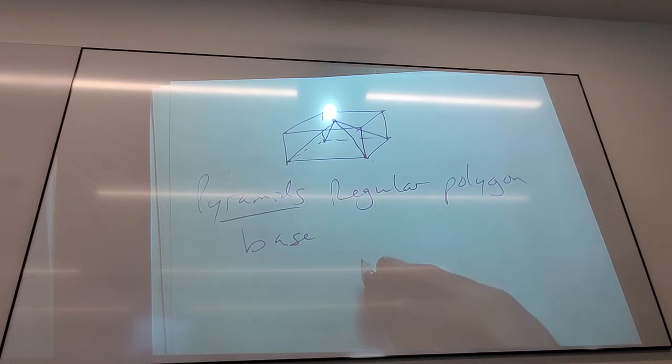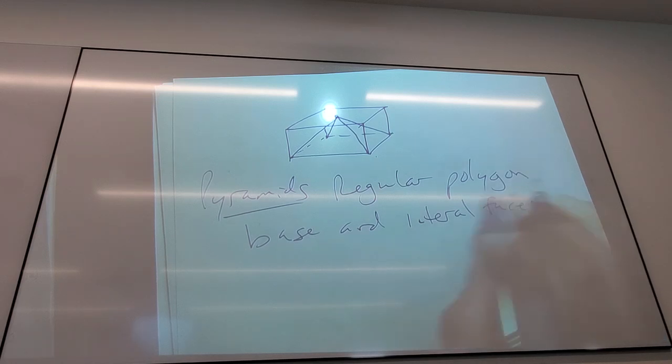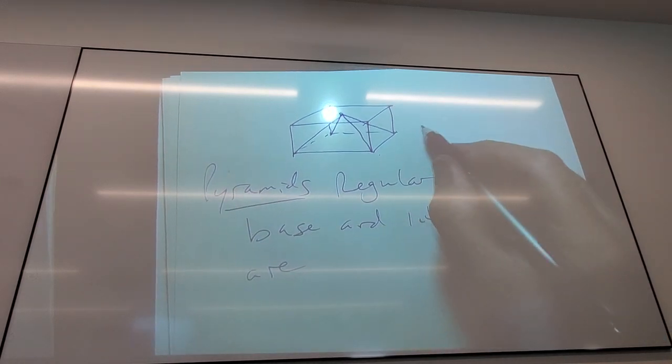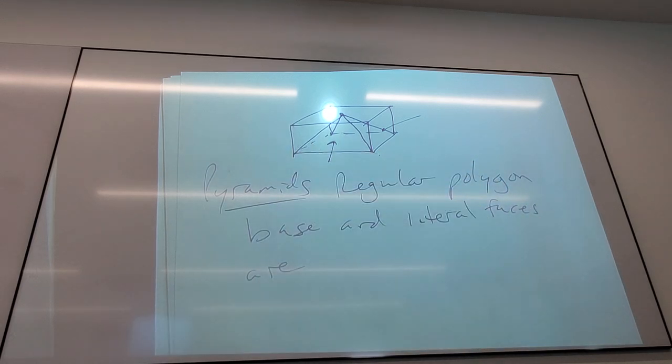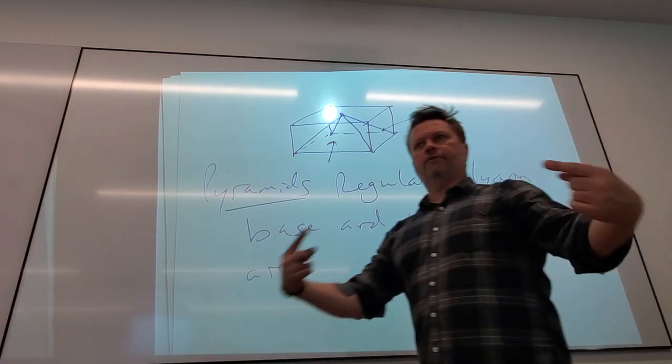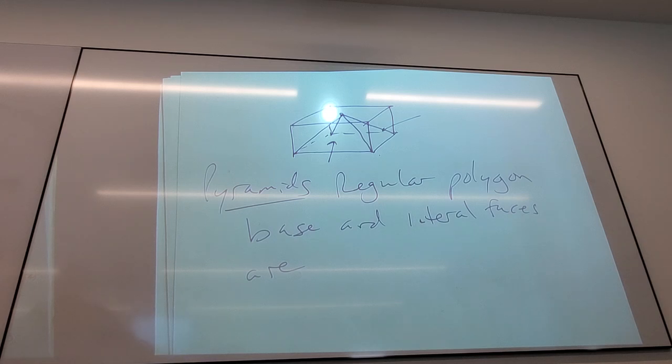If I use a regular polygon base and the lateral faces, and by the way, what shape are the faces of this pyramid? Doesn't it make sense that it always has to be a triangle if I have a polygon base because they have to go to one point? So if I look at a face, it's one vertex, another vertex going to a point. Of course it's a triangle, yes?